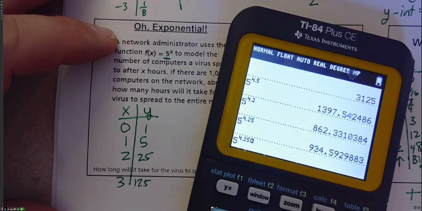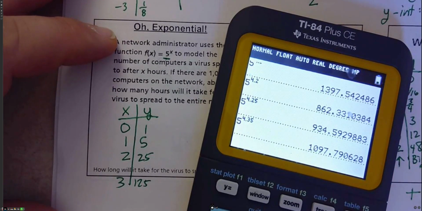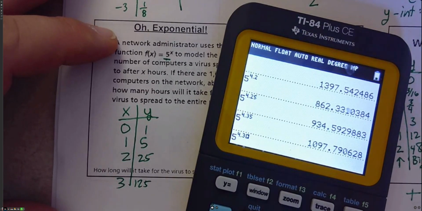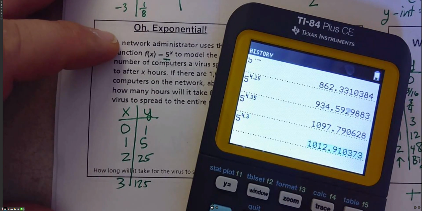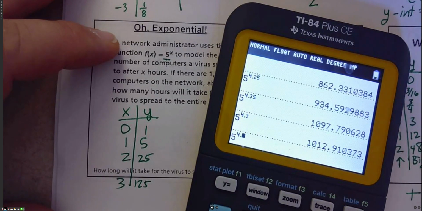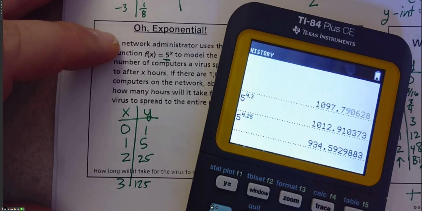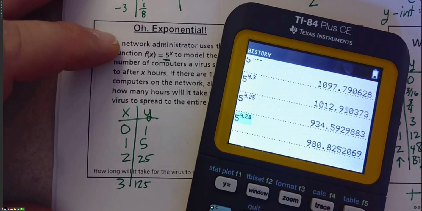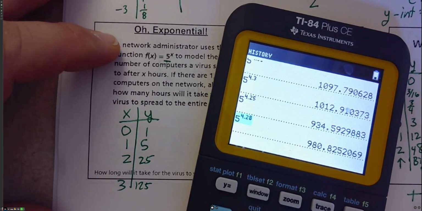How have we not tried 4.3? No, too big. Just 4.3. That's pretty close. It's gonna be 4.4. 4.269. Yeah, 4.28. 4.29. 4.296.